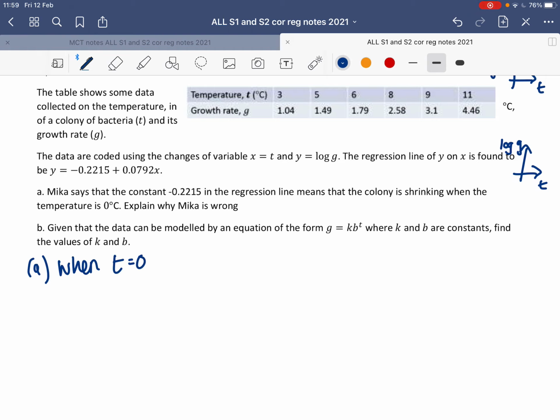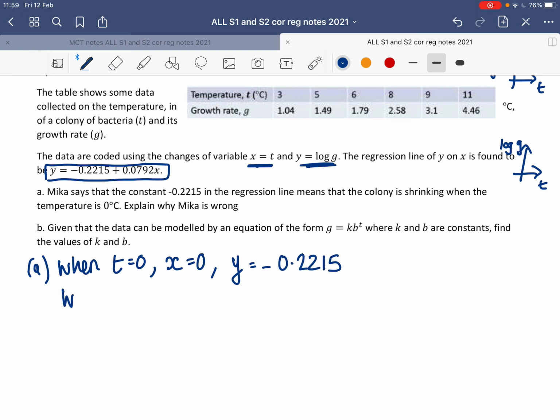So when t equals 0, so that's what we're asked for, when temperature is equal to 0, x would be equal to 0, and from this equation of the line, y would be equal to minus 0.2215. So we know that y is equal to log g.